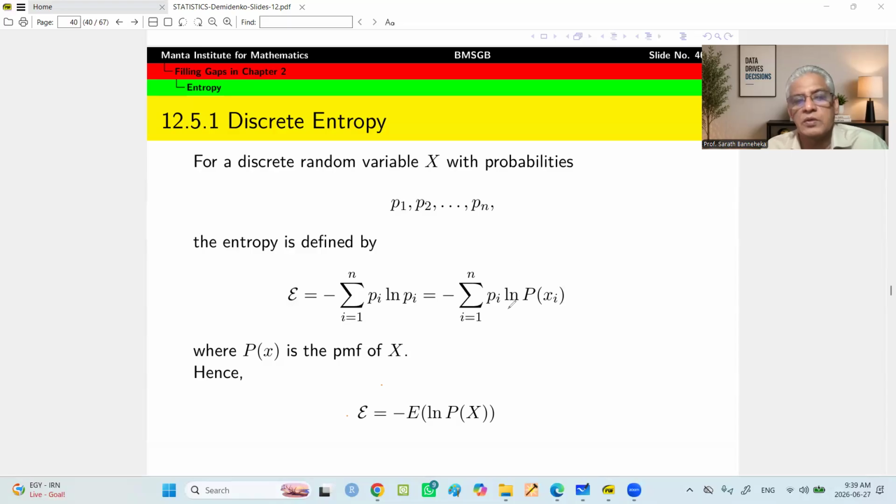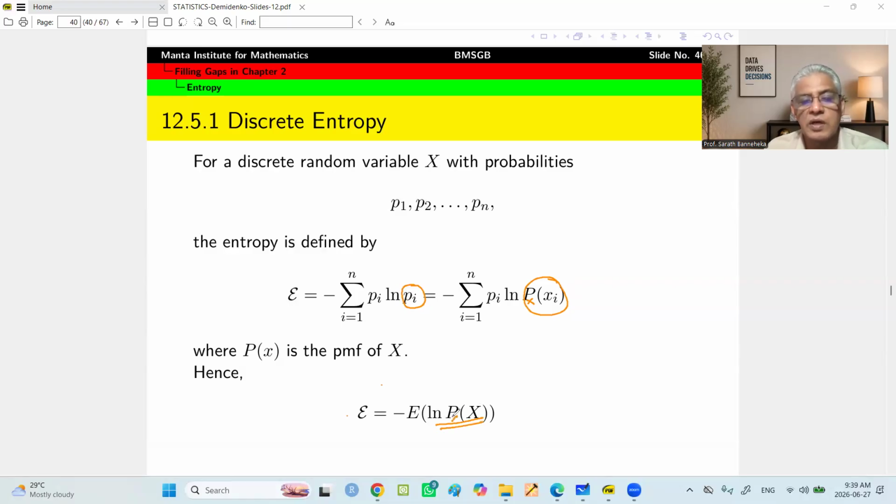If I wrote down a subscript capital X here, so this whole thing is this pi part, the probability mass function of X evaluated at xi. If you look at this quantity now, you can easily understand that this is actually the negative of the expected value of log pX.